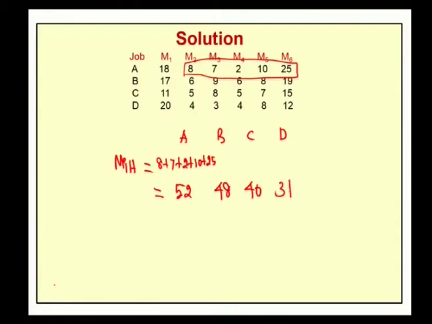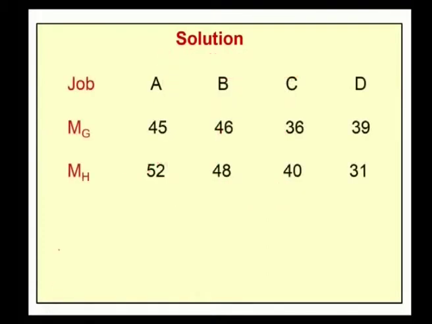So, by making use of these two new machines G and H, we can compute the processing times. For the new machine G, the processing time for job A is 45, for job B is 46, for job C is 36, for job D is 39.